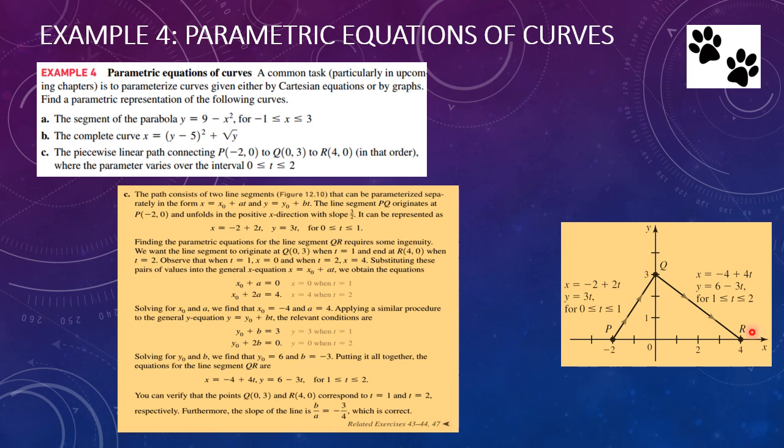Now finding the parametric equations for the other line is a little bit more difficult. We want the line segment to originate at Q, (0, 3), right? But notice that at this point, t is equal to 1, and end at point R, which is (4, 0), when t equals 2.